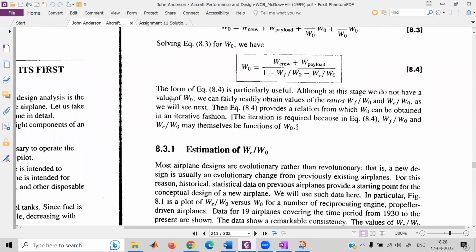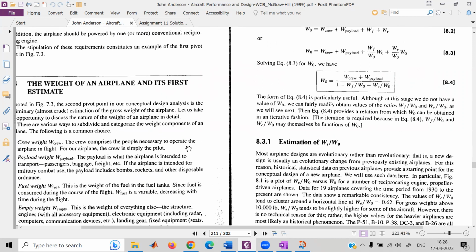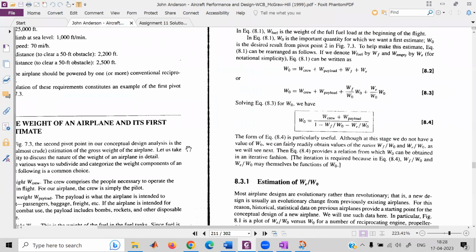And earlier also in the assignment question, I wanted to emphasize this philosophy, how aircraft weight is computed. You know certain weight fractions, and you have some known weights. So a combination of them can be utilized to get an idea of the total weight. Also, notice that the takeoff weight or the total weight of the aircraft is basically a factor of crew plus payload weight.